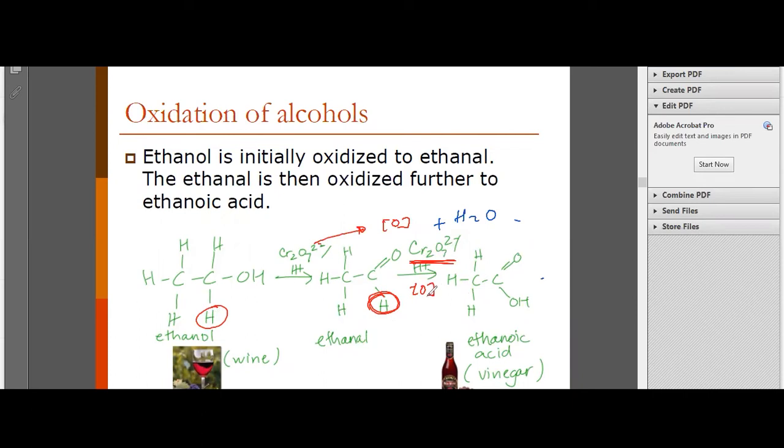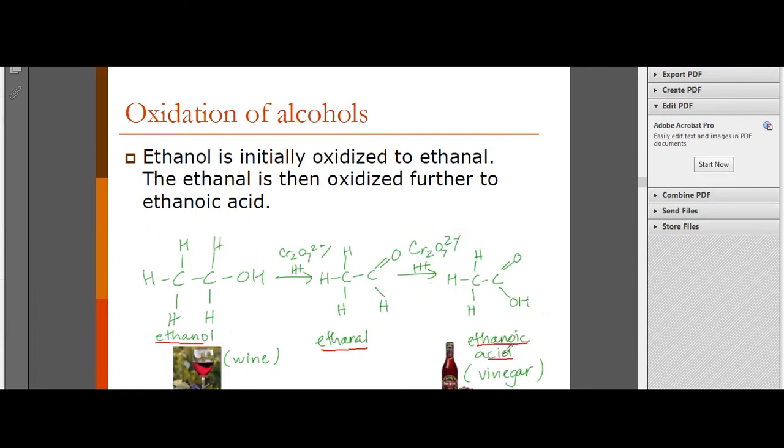Oxygen will once again attack this hydrogen to form an OH group, inserting to form OH. So you can see that carboxylic acid will be formed. The summary is ethanol changes to ethanal and then changes to ethanoic acid.